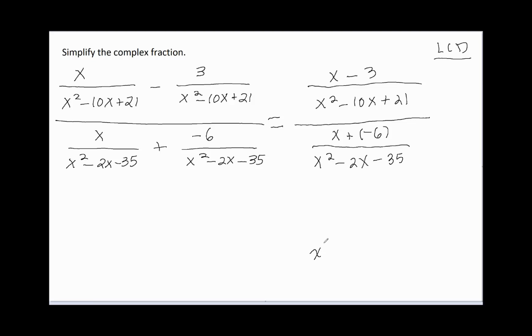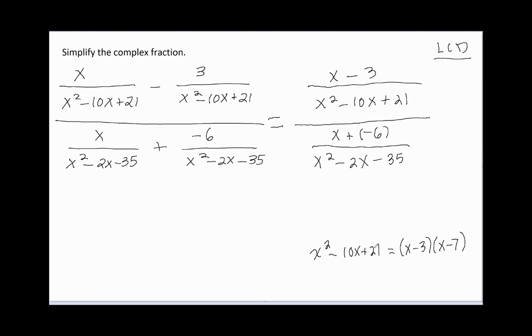So x squared minus 10x plus 21 will factor as x minus 3 and x minus 7. Because when I distribute this out, the minus 3 and minus 7 will give me the minus 10x, and the minus 3 times minus 7 will give me the plus 21.